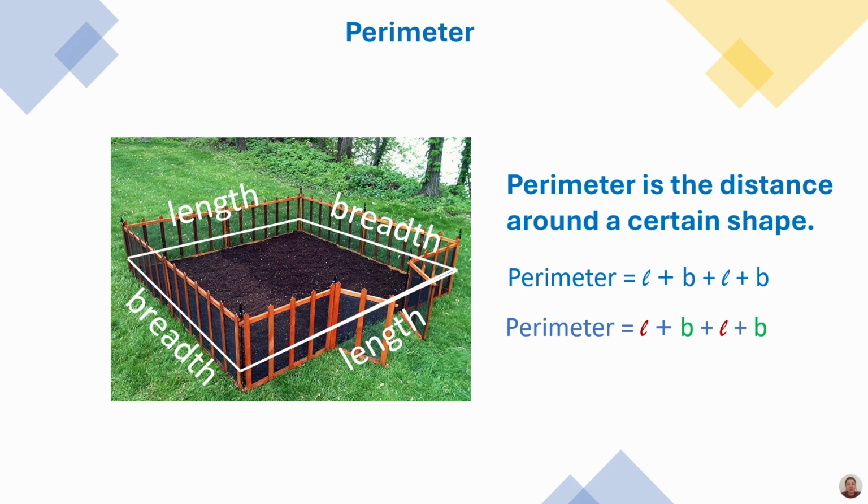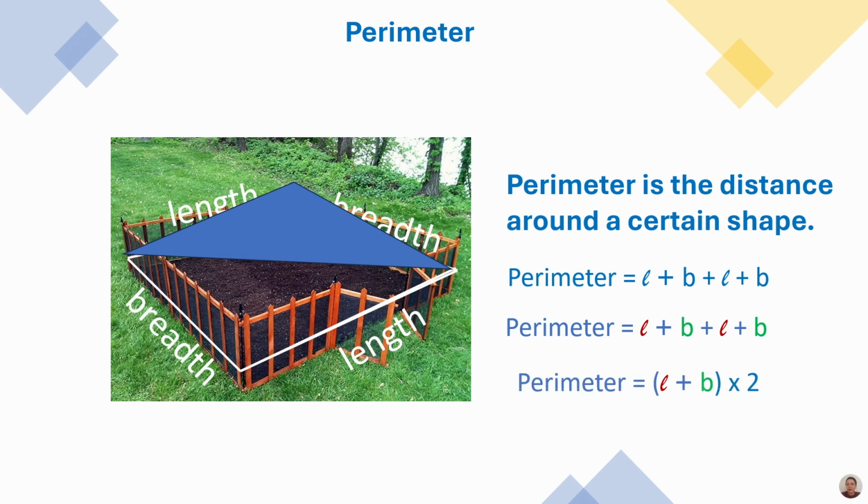But now you're in grade 6 and grade 7, so you're not going to be saying perimeter is equal to length plus breadth plus length plus breadth. We're going to be slightly more complicated but not actually complicated, it's actually easier. So what we're going to do is cancel out the one length and breadth side because we know opposite sides of a rectangle are equal.